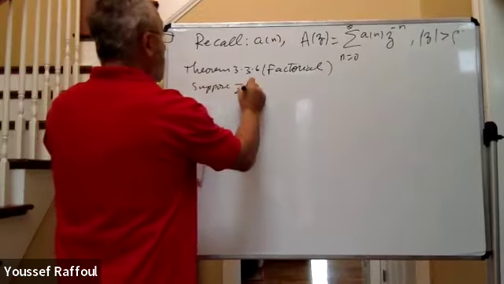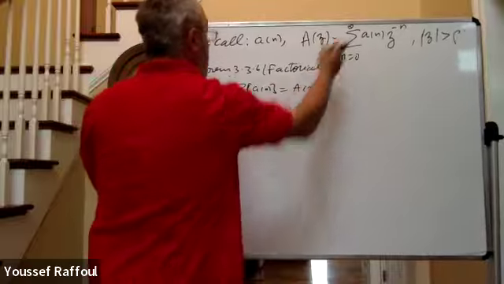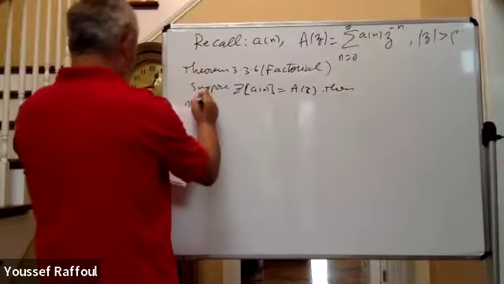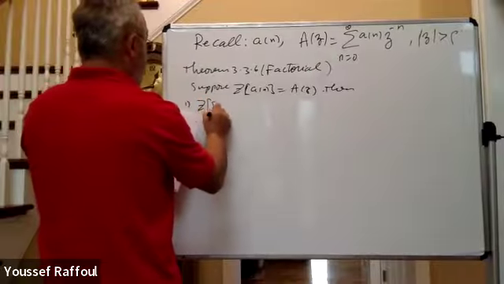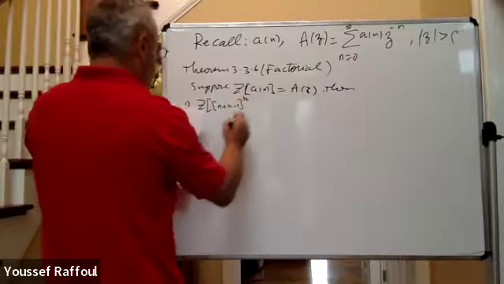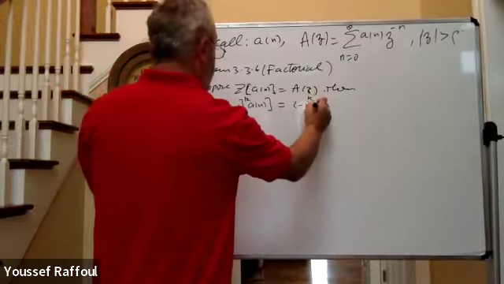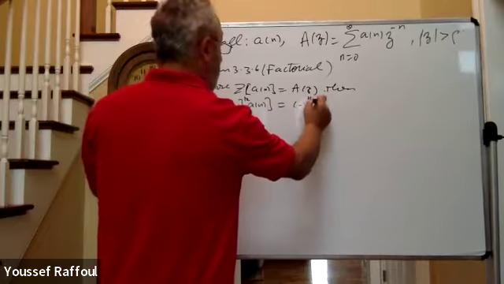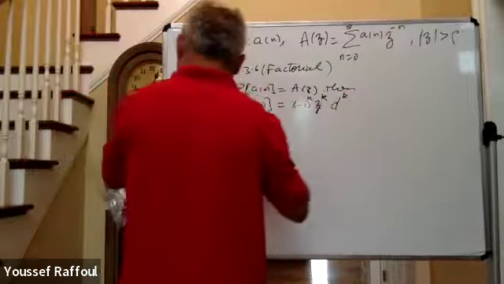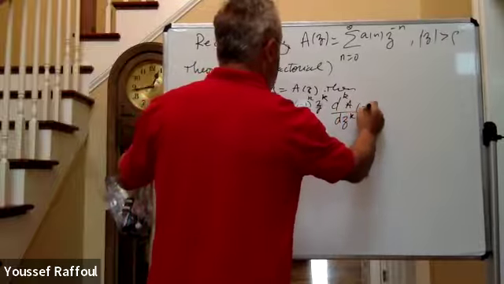Suppose Z of a_n is A(z). Then 1: Z of (n+k-1)^(k) a_n equals (-1)^k z^k d^k A over dz^k of z.